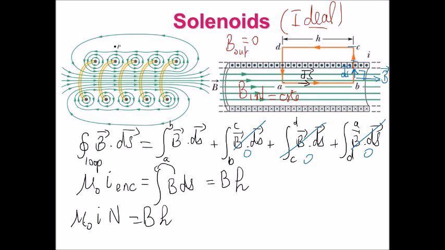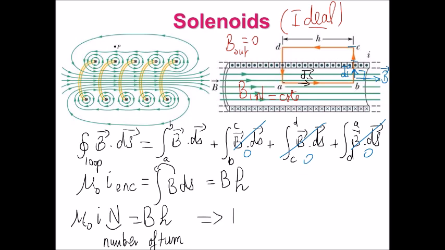What is n actually? When the current comes out, we are calculating one turn. The second turn, current comes out. Third turn, current comes out. So this is the number of turns in this space for the length h.